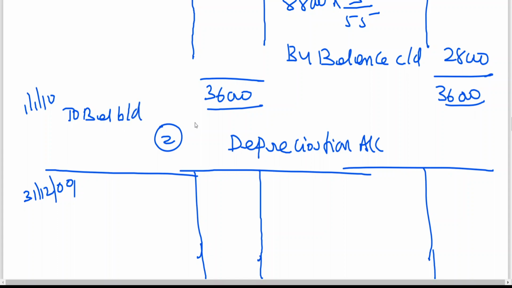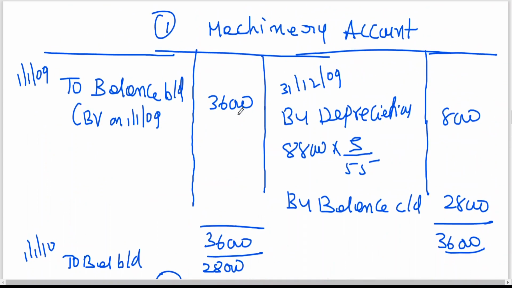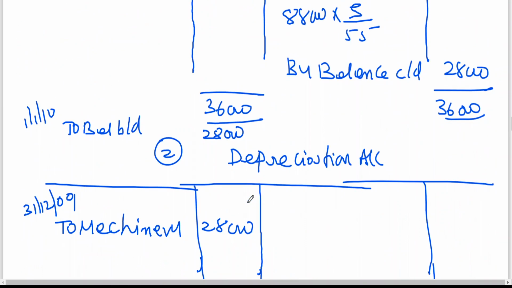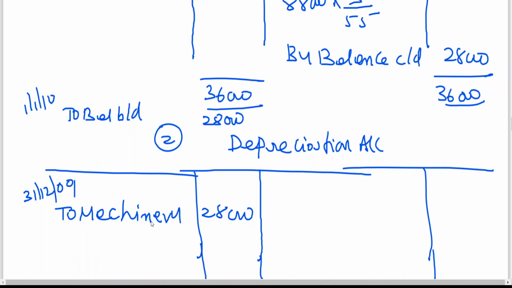Closing balance will become opening balance. Now here the entry is depreciation to machinery. You should write only 2009 depreciation. Not 28,000. 8,000. And to P&L account, the depreciation.